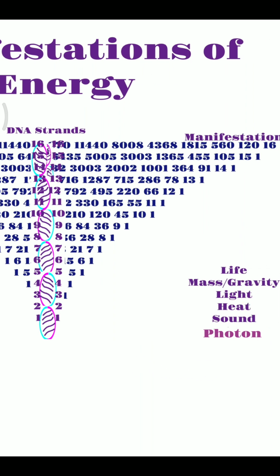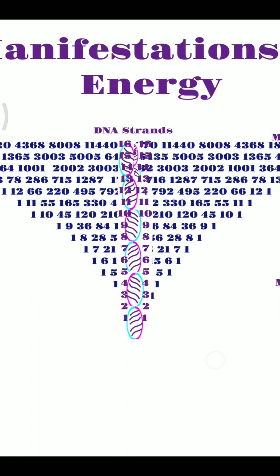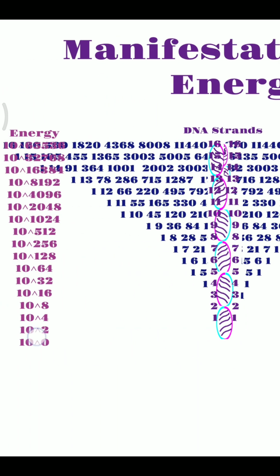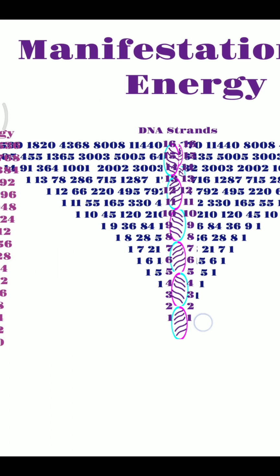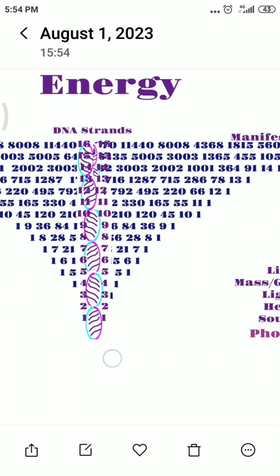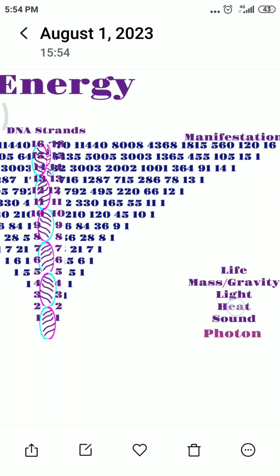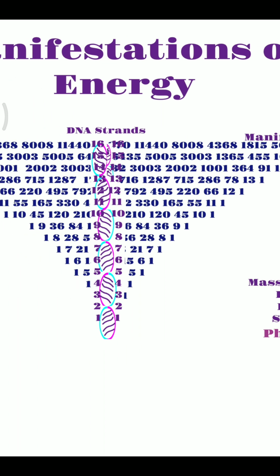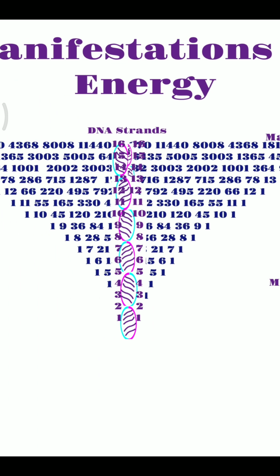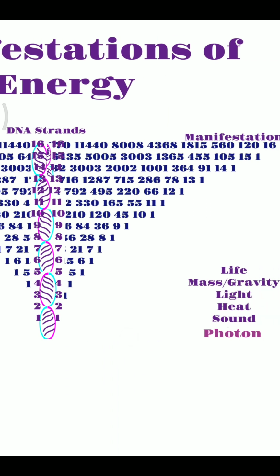And that is the 10 raised to 2, if you take, that represents sound. 10 raised to 4 represents heat. In the sense, all these probabilities coalesce, are superimposed and entangled, and together they form this kind of energy.